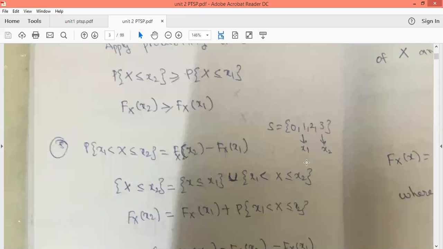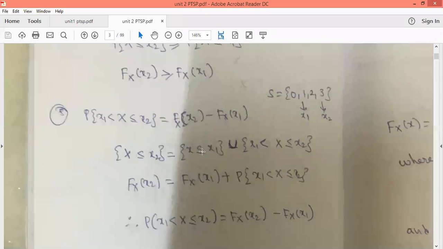Okay, so how do you define x less than or equal to x2? We define it as x less than or equal to x1 union x1 less than x less than or equal to x2. Like that, this complete range we divide into two parts. So what is the first one? The first one is nothing but Fx of x1.